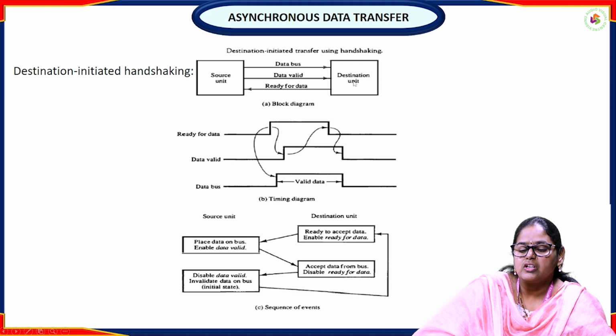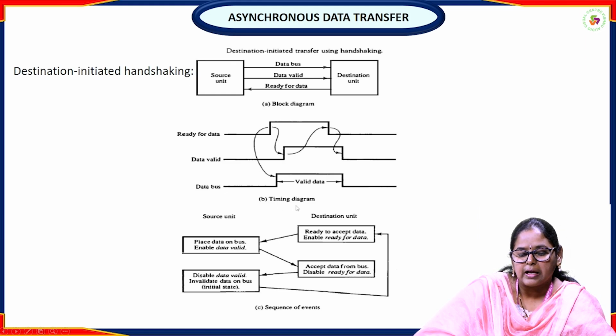The destination unit accepts the data into its registers. After that, as it has successfully accepted the data, the destination unit will disable the ready for data. After the destination unit disables the ready for data, the source unit will disable the data valid line and remove the valid data from the data bus. The process happens like this for the destination initiated handshaking.